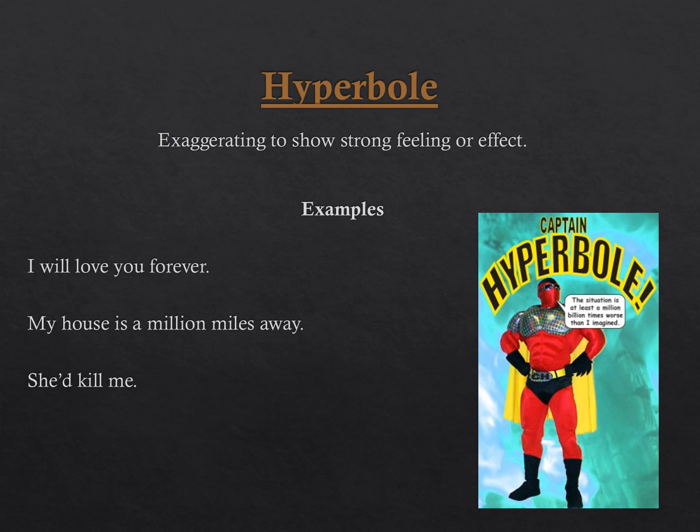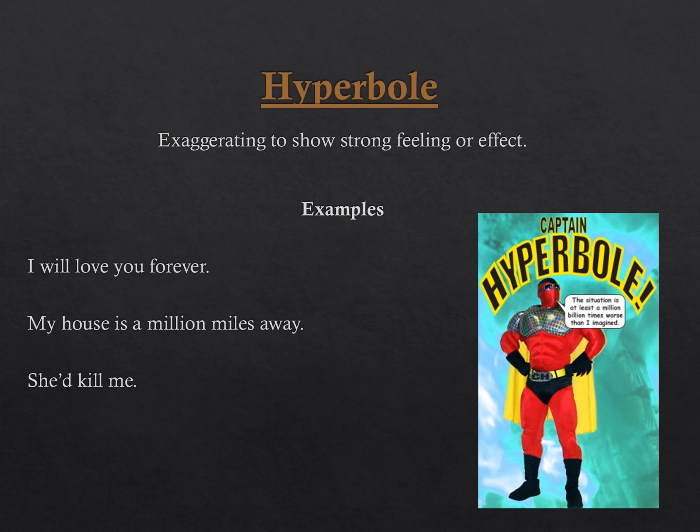Next is hyperbole. Hyperbole is exaggerating to show strong feeling or effect. So you exaggerate the statement, you exaggerate the idea in order to show strong feeling or effect for that instance. Examples: I will love you forever.